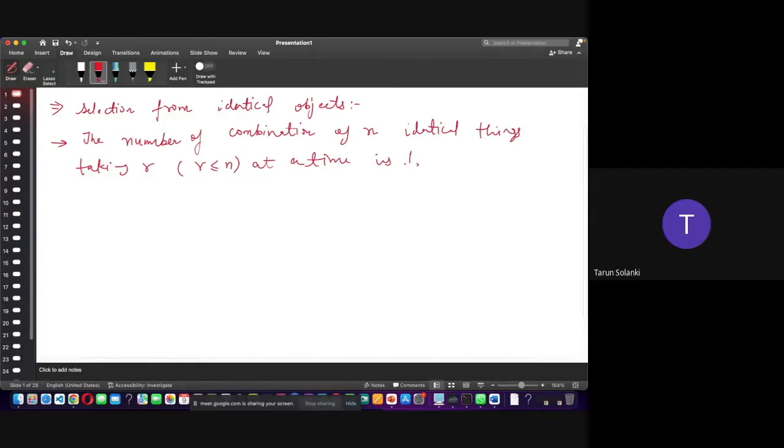Next is the number of ways of selecting r things out of n alike things is n plus 1.